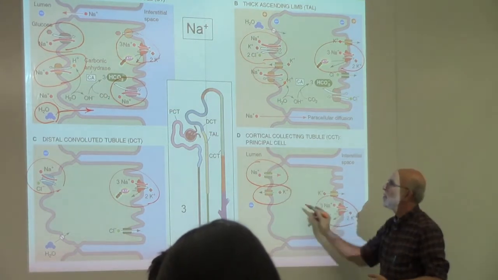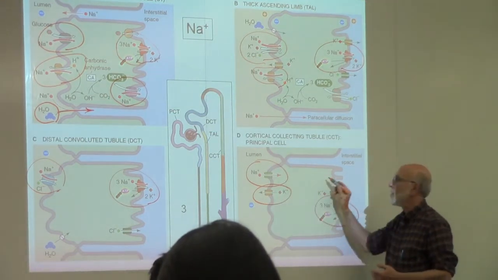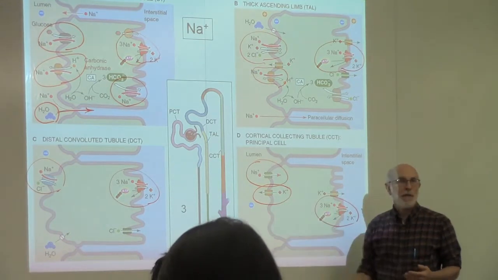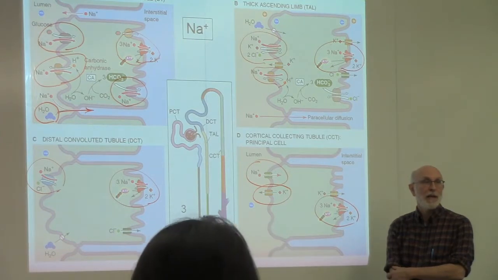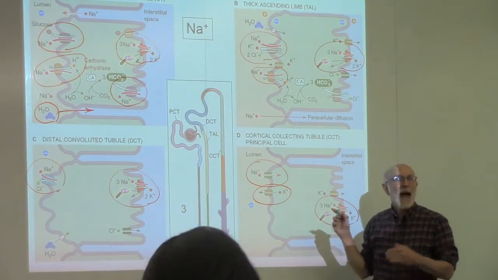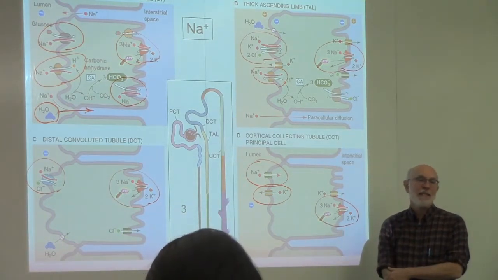Sodium flows in, potassium flows out. Sodium is going down its concentration gradient, and potassium is flowing out down its concentration gradient as well. This acts like an exchanger, except that it's not an exchanger.